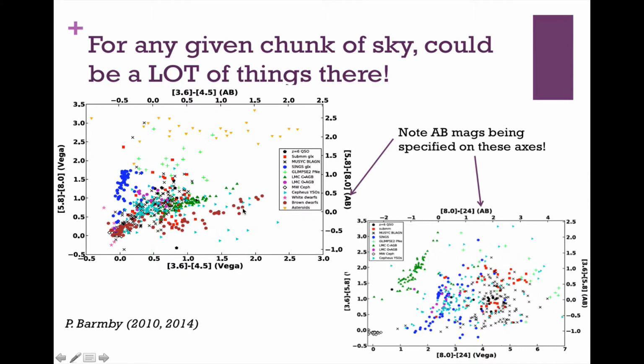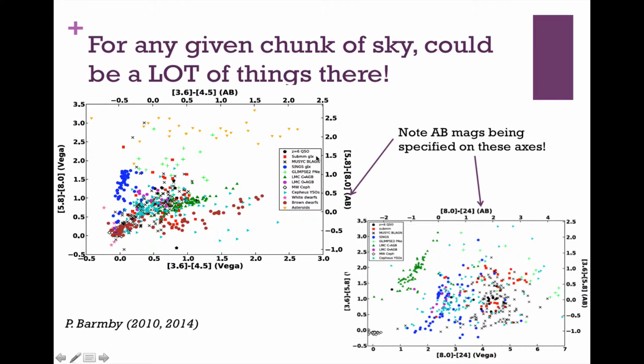Here I have two different plots. One that's 5.8 minus 8 in IRAC versus 3.6 minus 4.5 from IRAC. Here's 3.6 minus 5.8 versus 8 minus 24. And note that she's got Vega magnitudes on the x-axis, but then for comparison, because she's an extragalactic astronomer, she's got the AB magnitudes also for reference. So she's collected here in this plot, each one of these symbols represents a different population.